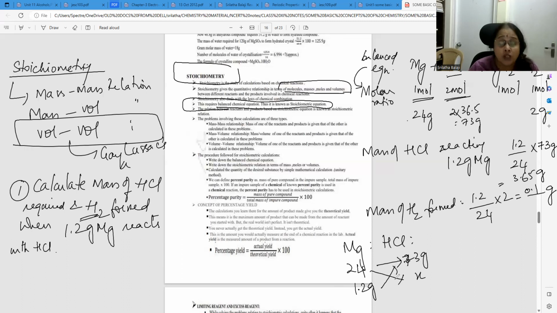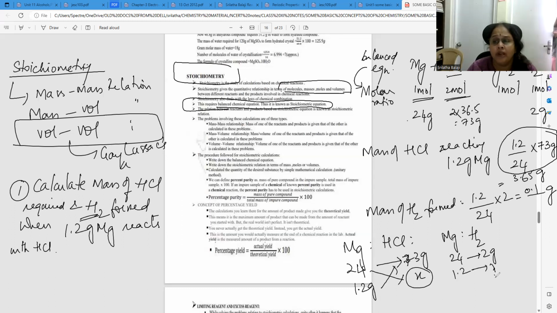This is cross multiplication, or the unitary method. So X is 1.2 divided by 24 into 73. Same way, for hydrogen and magnesium, 24 gives 2 grams, so how many grams will 1.2 give?